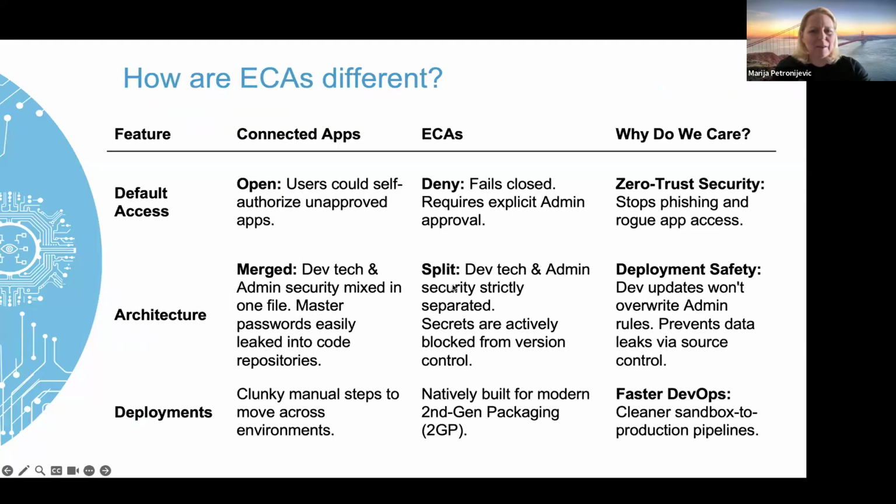Thank you. All right, so this is a little bit of a summary of how these ECAs are different from connected apps. Default access is what we already talked about. Users could self-authorize and approve apps. With ECAs, it's closed, so the admin has to provide explicit approval for certain users and certain apps via profiles and permission sets.